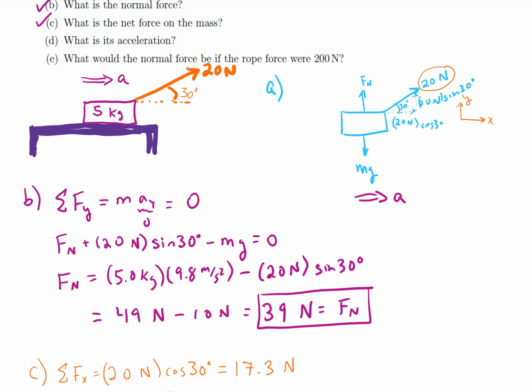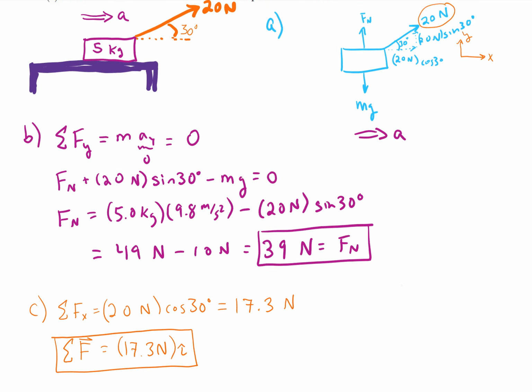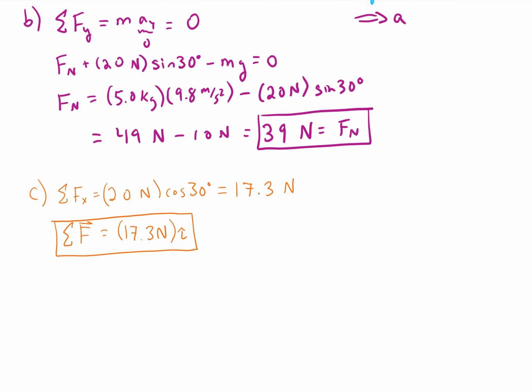So for part D, now it asks what's the acceleration, and we've been doing this step by step, so it's been sort of leading us further along this path. If we want to know the acceleration, we just need to use Newton's second law. The sum of the forces is equal to the mass times the acceleration.